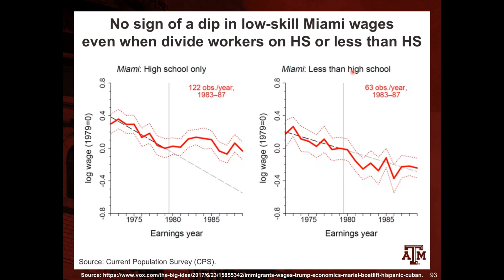And for those with less than high school, okay, it did not get better after the Mariel Boatlift, but what you see is that the overall earnings of these people kept dropping the same way as before the Mariel Boatlift event. And if you look at the confidence interval, the dashed lines here, you see that this linear trend that we saw in the past is within the confidence interval after the Mariel Boatlift event.